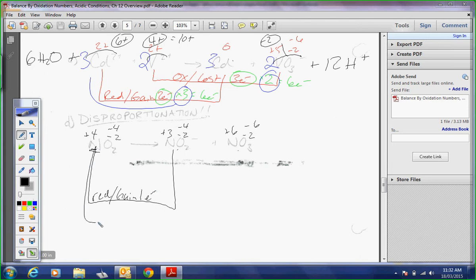And it's going from 4 to 6, which means it has lost 2 electrons. Okay? So I might ask you, identify which of these reactions is a disproportionation reaction.